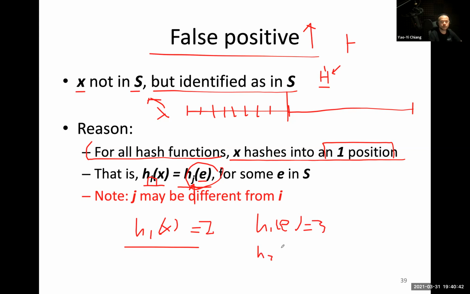However, hash function 2 of E is equal to 2, and hash function 2 of X is equal to 5. In this case, position 2 has been set by hash function 2 on E, right? So the hash function doesn't have to be the same.